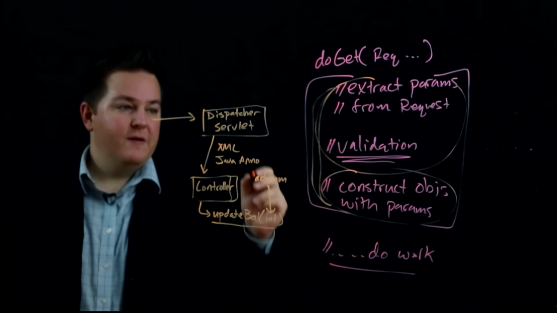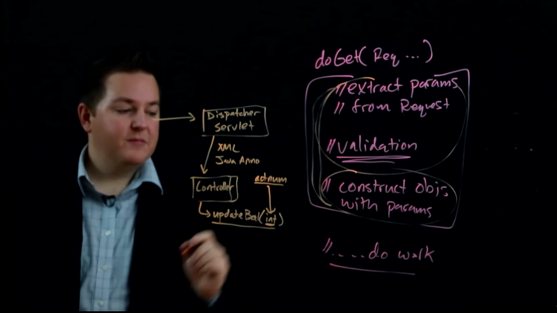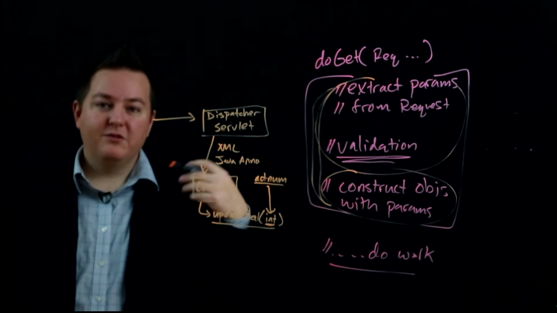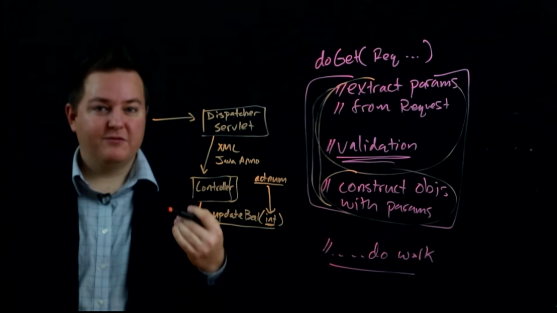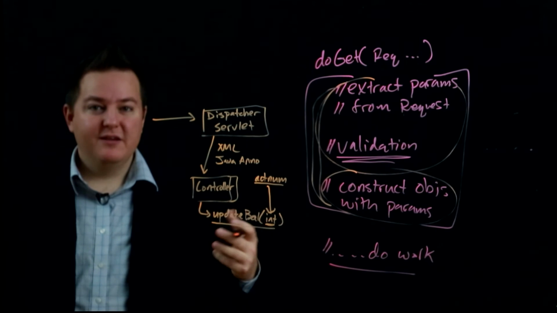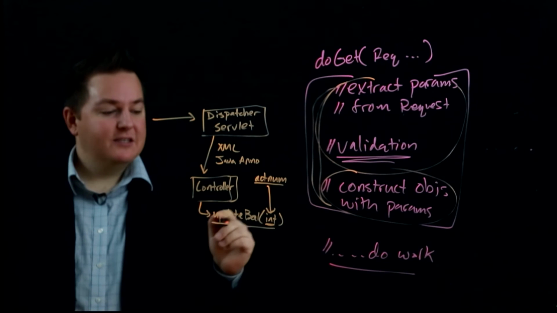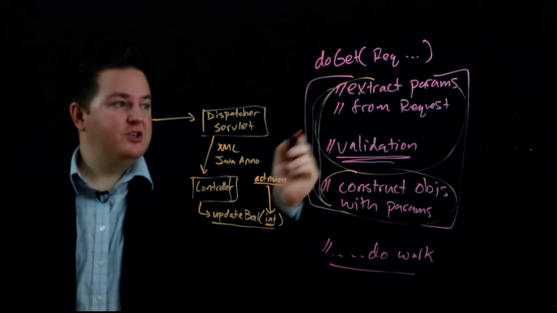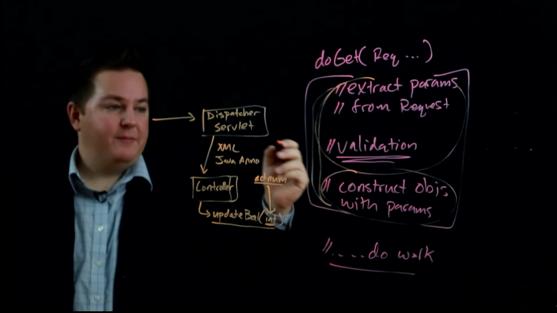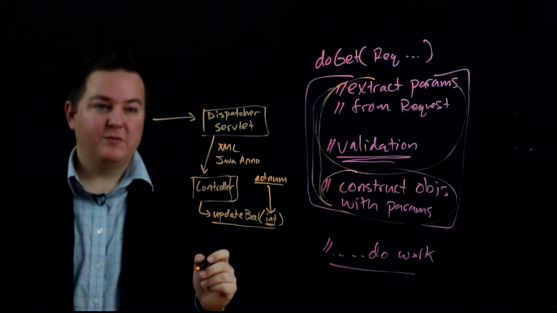We can say we want you to always map the accountNum parameter in the HTTP request to this parameter of the method. And then the Dispatcher Servlet will automatically do all of the work to extract the parameter from the HTTP request, look at it, make sure that it actually is an integer, and then pass it in and invoke this particular method. So the Dispatcher Servlet can do a lot of this extra work that we previously did from extracting parameters. The Dispatcher Servlet will extract them based on how we tell it to extract them and map them to the individual method parameters.